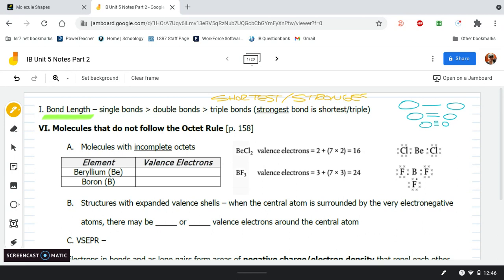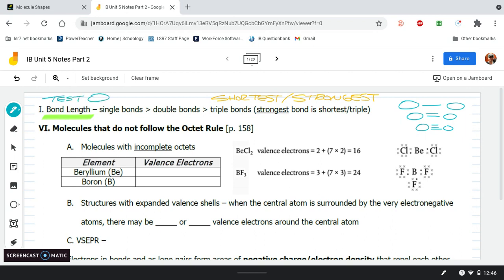And so as you get more bonds, you have a stronger bond, but you also have a shorter bond. It should make sense that more bonds would be stronger, not necessarily that they would technically be shorter. This is a test question, and you're going to have to know this, and it just shows up in this one little tiny area.